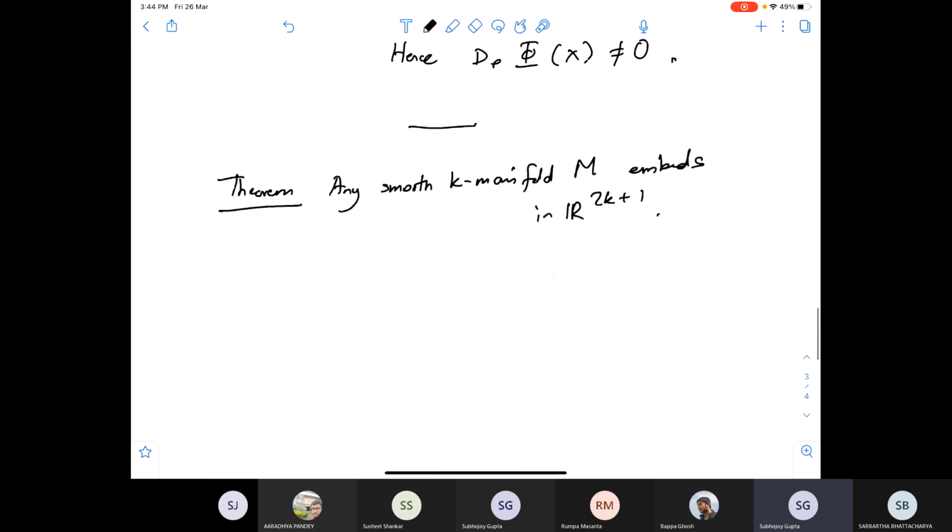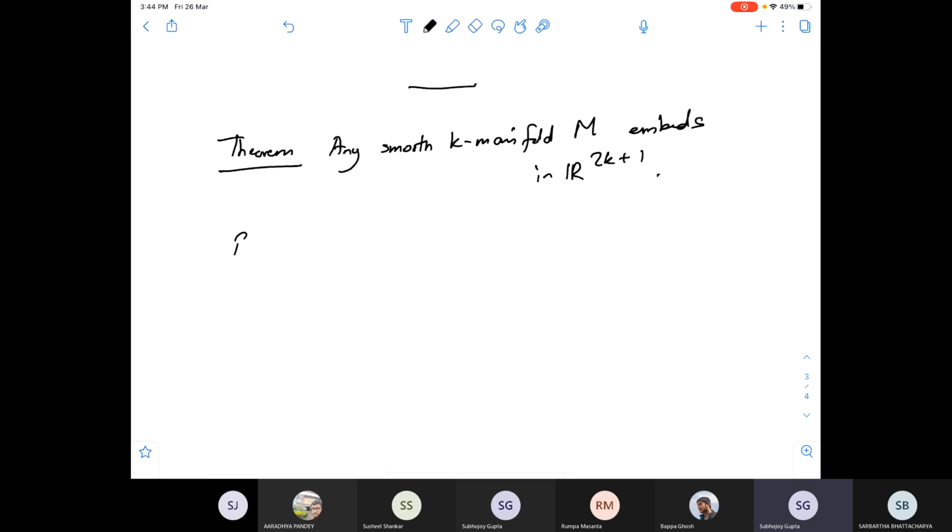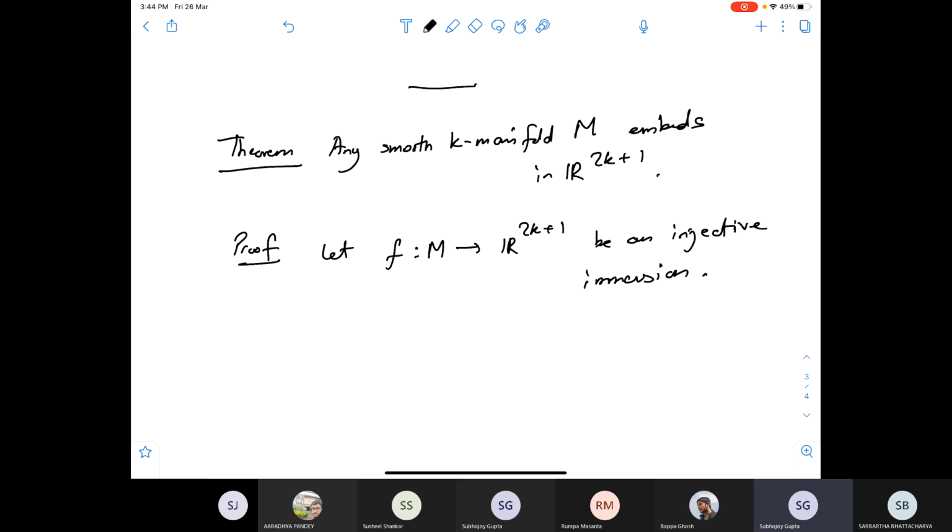How does that work? Well, you have an injective immersion into R to the 2k plus 1 from all that we discussed. So this is something we have now.